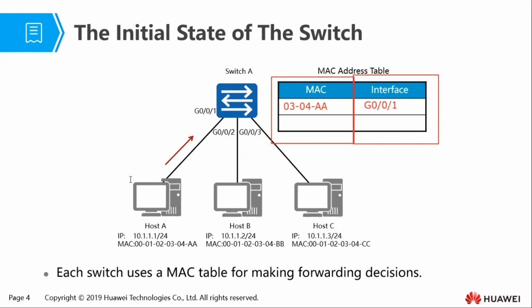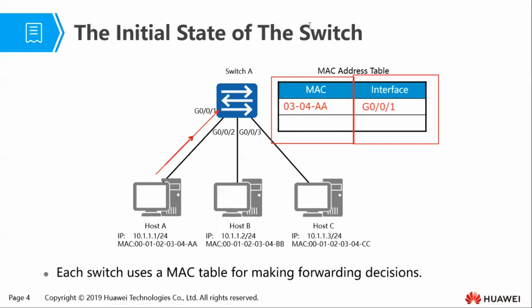when host A sends a frame to switch A, the first thing switch A is going to do is update the MAC address of host A together with the interface via which it has been connected, G0/0/1.